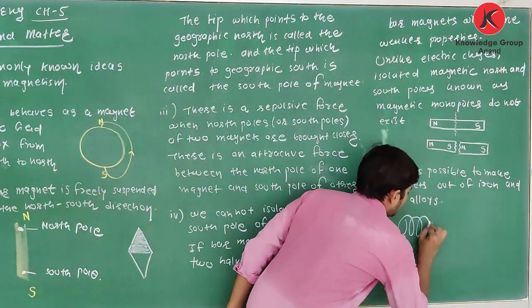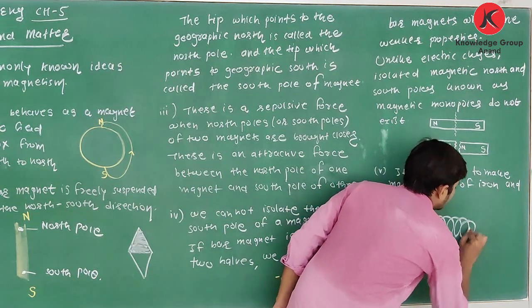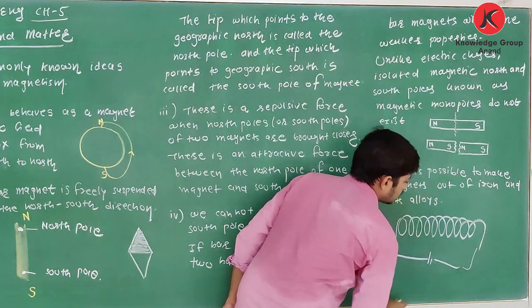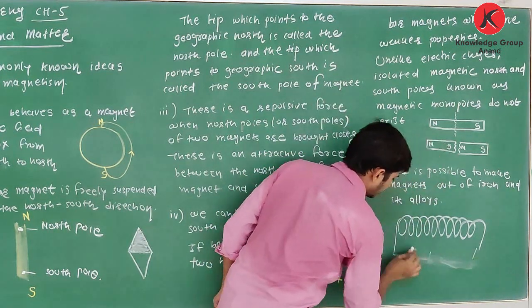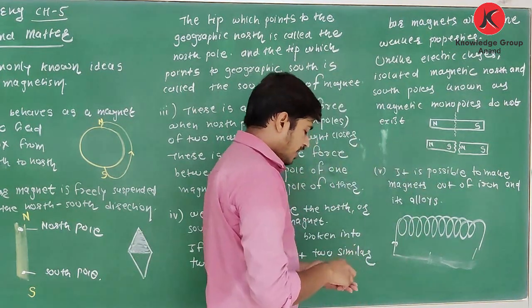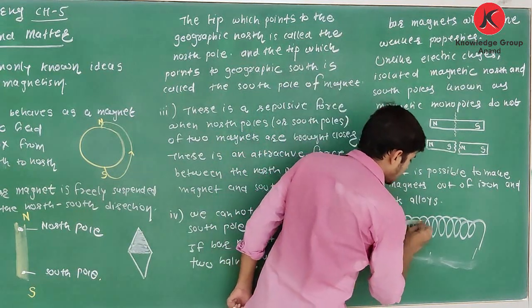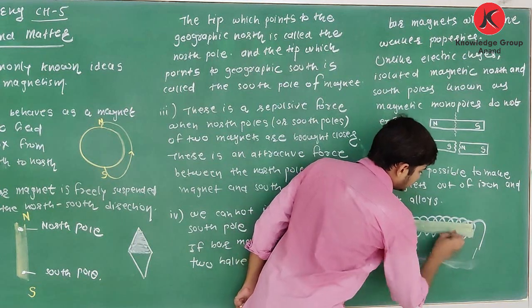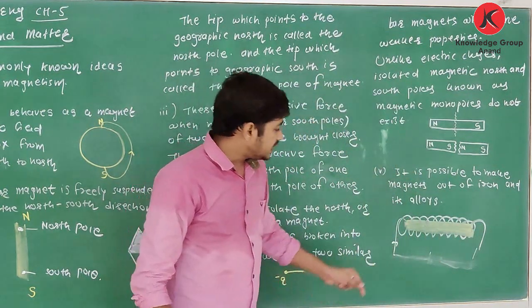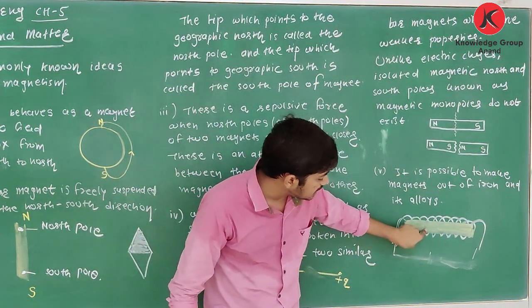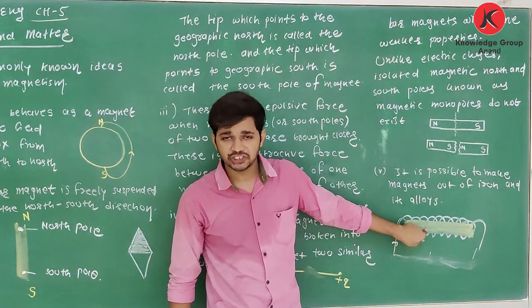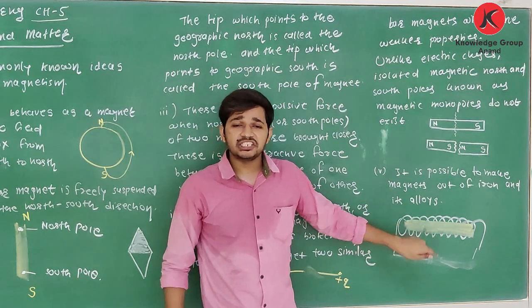If I have a solenoid from which current is flowing, and now I place an iron core or some alloy in this solenoid, then this iron core is magnetized, and it is called magnetization.